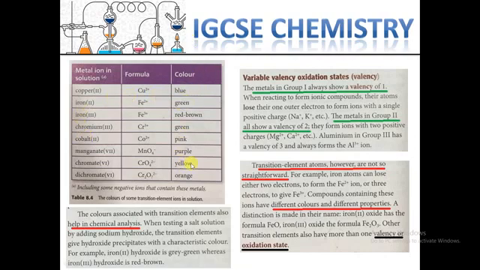So different colors from transition metals are a good strategy for identifying the metal.